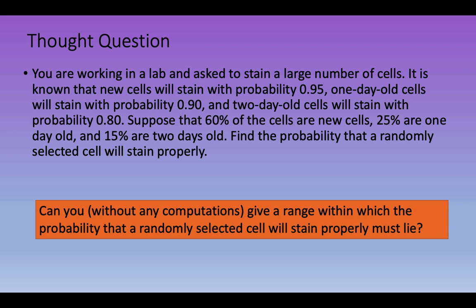if I pick a cell at random, what range it must lie in. I only have new and 2-day-old cells, so that range is probably going to be between 0.95 and 0.8. That's the probability range that I'm thinking of. Why not use that information?